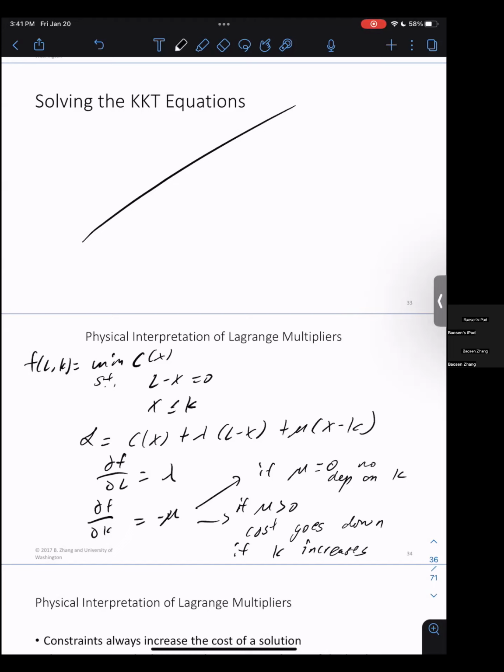It's either K doesn't matter, in which case mu is 0, or K actually matters. Then if you increase the range for x, you get a lower objective function value. So this is closer to how you would prove mu is positive, and you can do this kind of argument. Any questions for this interpretation?